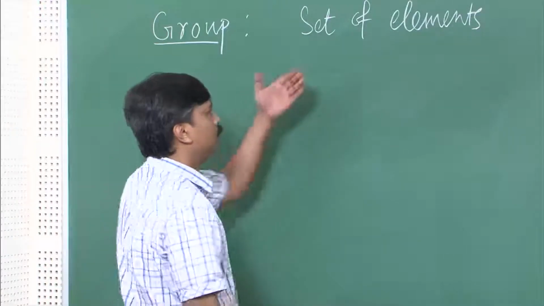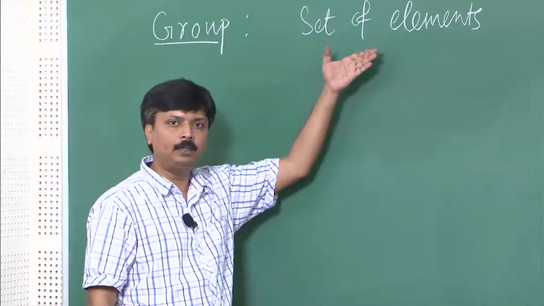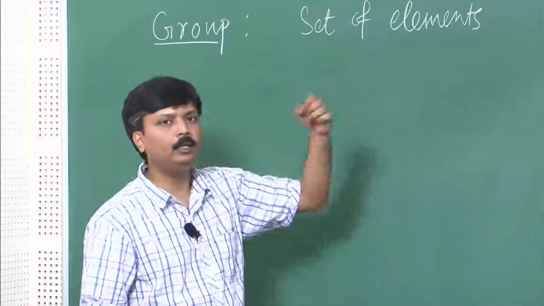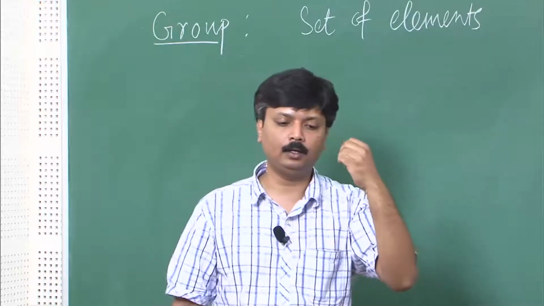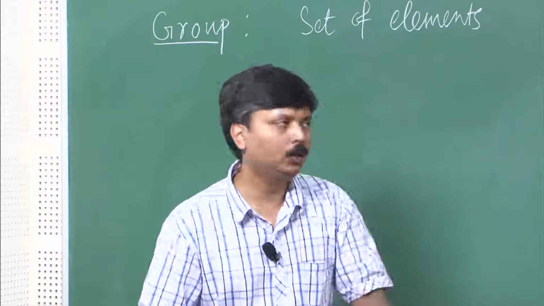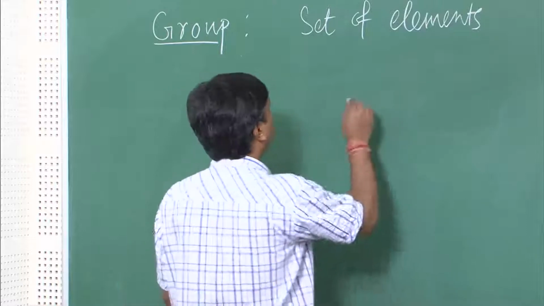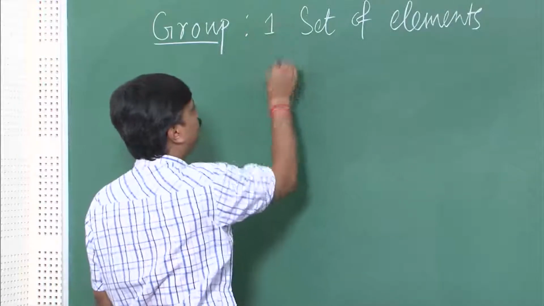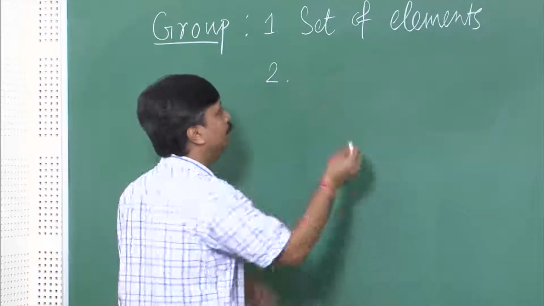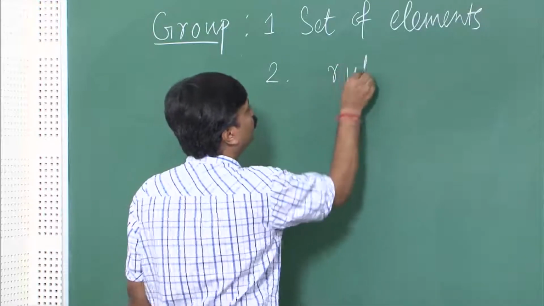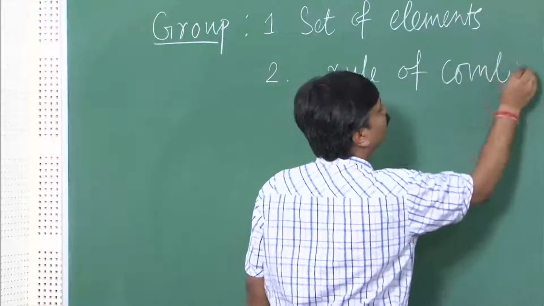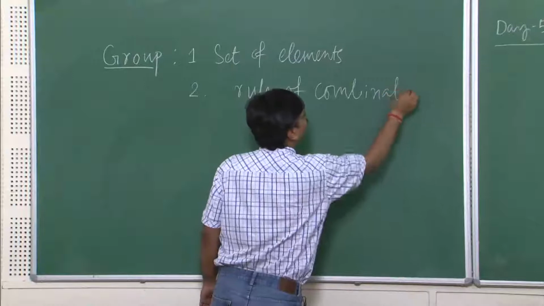So if I take any particular set having certain elements in it, and then there is a particular rule of combination, okay. So what I need, number 1 is a set of elements, number 2 a well defined rule of combination. That can be anything.